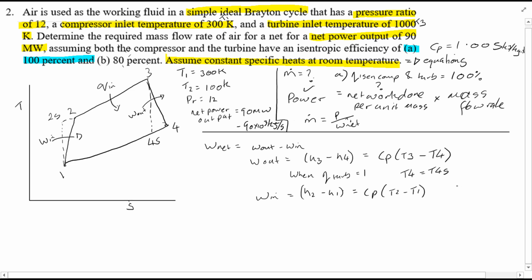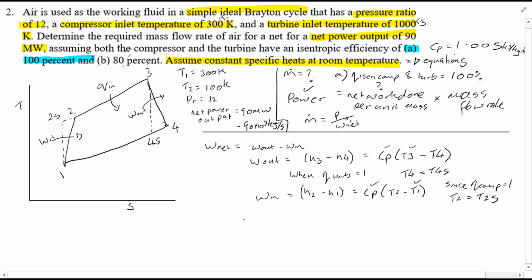And of course, again, since the compressor efficiency is equal to 1, T2 is equal to T2S. Okay, so we need to find T4 and T2 in order to solve these equations. T1 has been given and T3 has been given, and of course we know Cp.